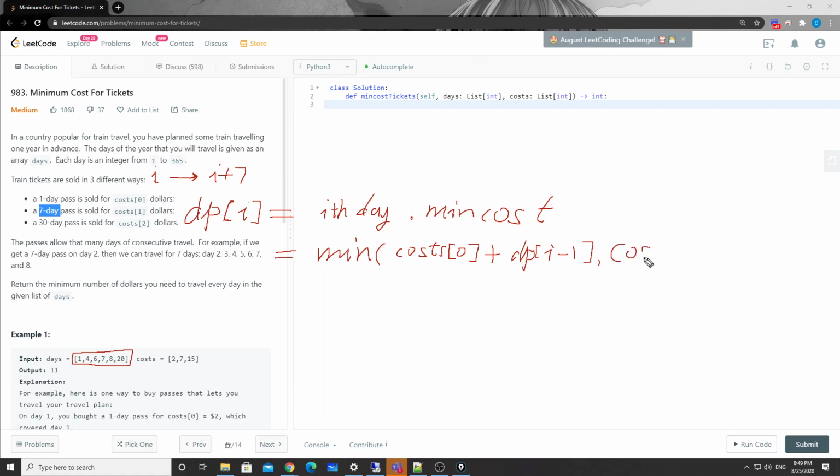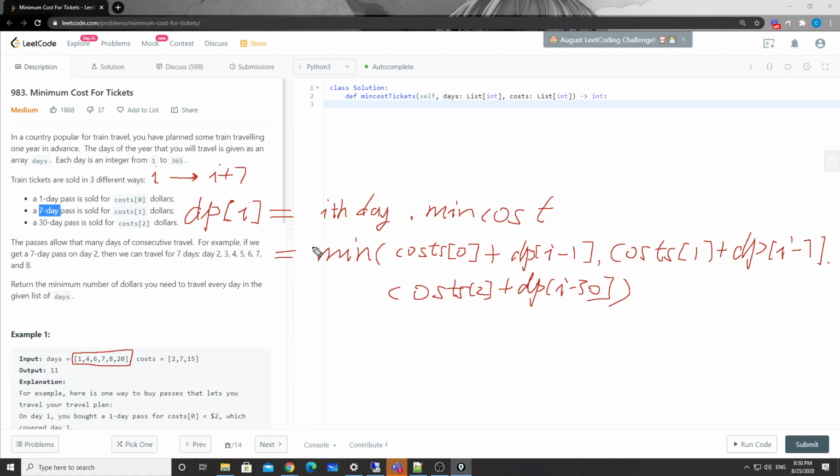Or dp[i-7]: we could have purchased a weekly pass on day i minus 7, then we can also get to dp[i]. Or cost[2] plus dp[i-30]: we could have purchased a monthly pass on day i minus 30, with the third cost.